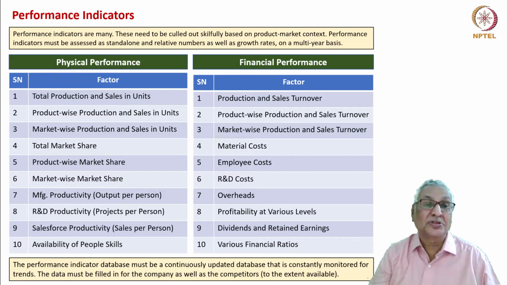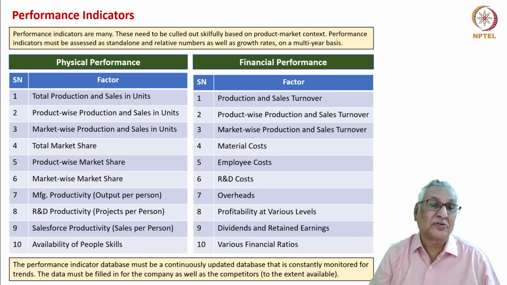There are many performance indicators to analyze the performance of the company. These need to be culled out skillfully based on the product market context in an industry and for the firm. Performance indicators must be assessed both as standalone and as relative numbers. These also must be seen as physical numbers and growth rates on a multi year basis.